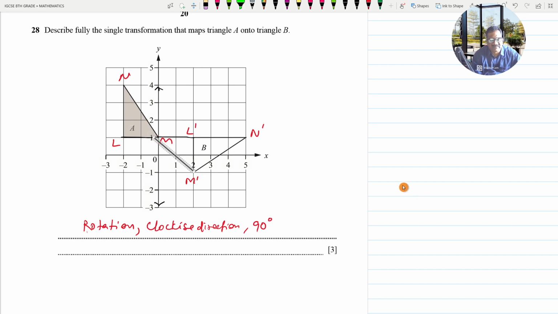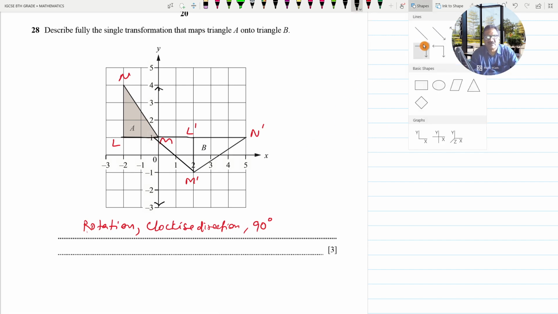This is M M dash, and now I'll draw the perpendicular bisector of this M M dash. It will be this line. Can you see these are the two lines? These are the two perpendicular bisectors.